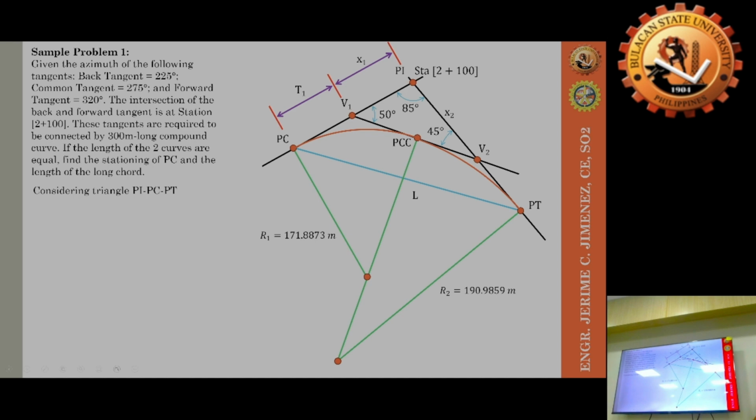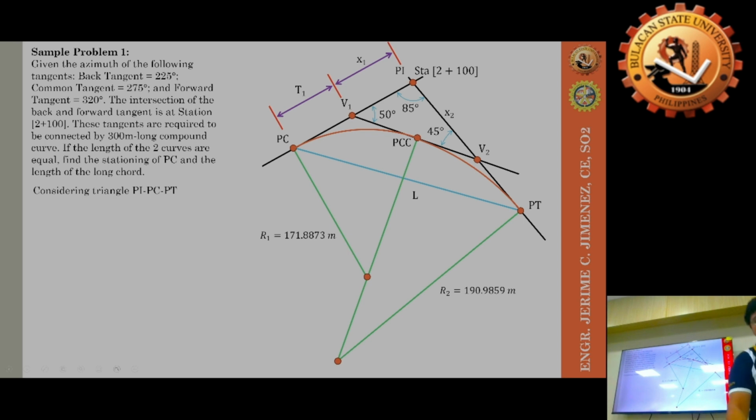Hindi laging parallel si common tangent at saka si length of the long chord. Pero, may problem na ganon. Okay? Ang problem, mayroon doon vertical distance or perpendicular distance yung long chord at saka yung common tangent na masasabi nyo siyang parallel. Yun ang hahanapin, itong distance nito. Okay, may ganun problem.